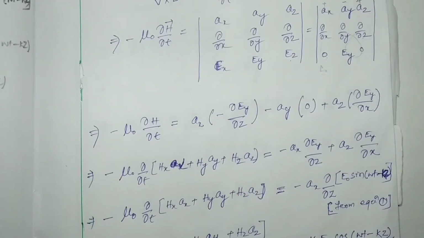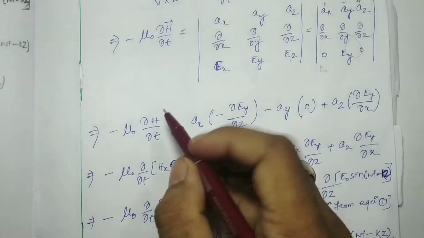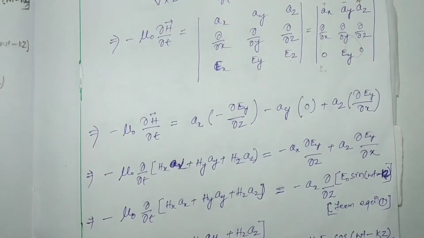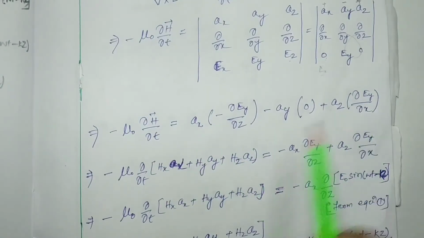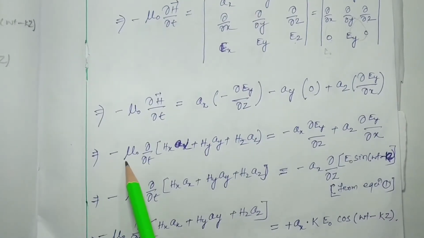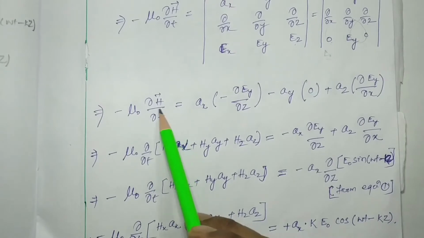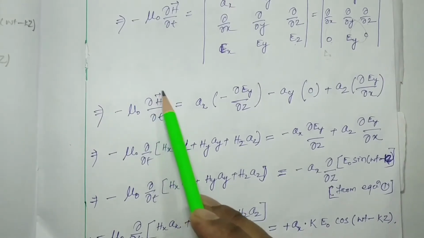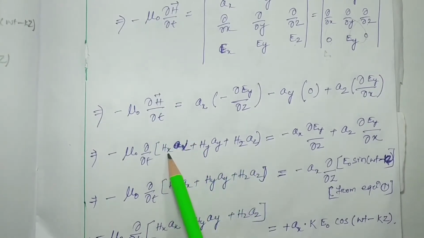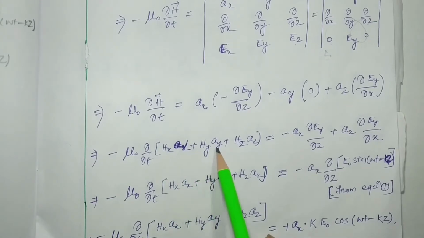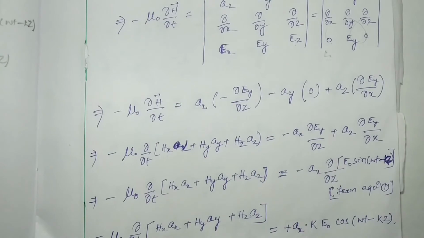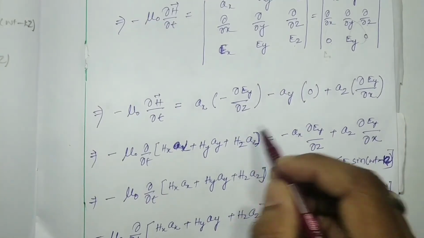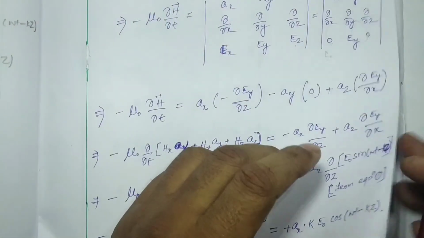So that implies, this is a vector, that implies minus mu 0 del H by del t will be equal to this much. That implies minus mu 0 del by del t of, now I am going to write this vector in this format, Hx ax plus Hy ay plus Hz az. So the vector is written in this format, whatever I explained over here.